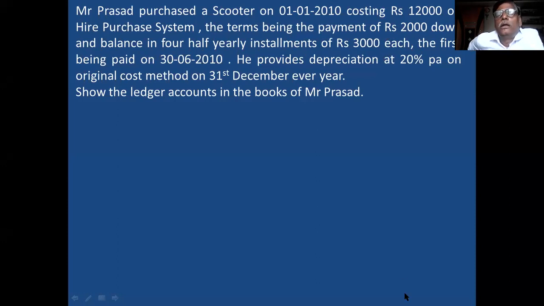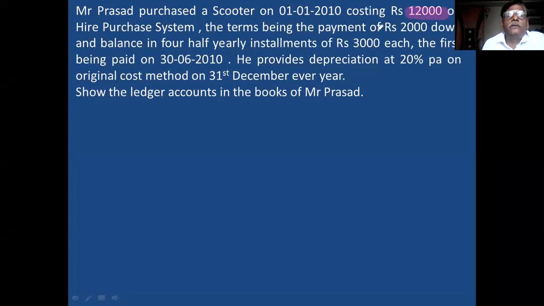You see that cash price is given for you people. Cost means cash price, 12,000. 2,000 you have to pay on the date of agreement.